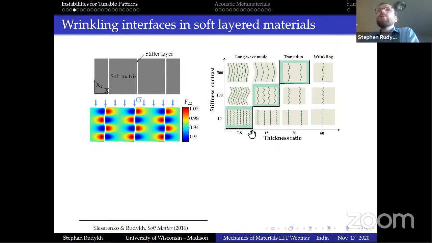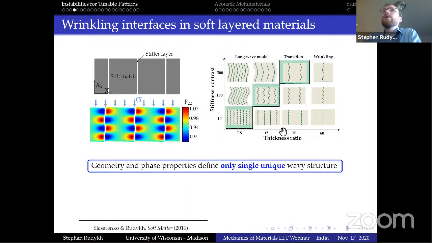And so these two parameters uniquely define the configuration that we can exert when we apply deformation and develop instabilities.